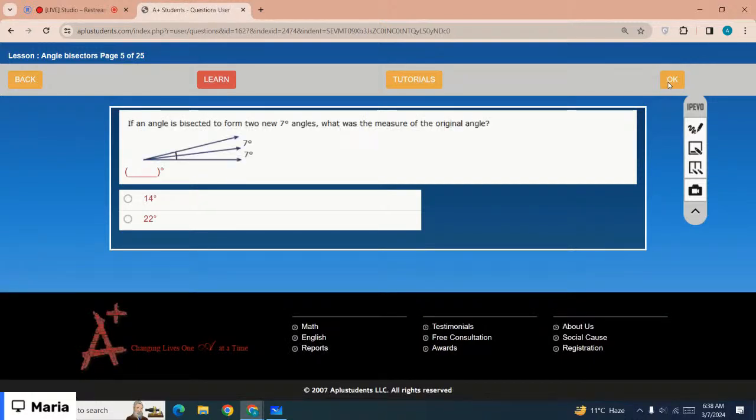If an angle is bisected to form two new 7-degree angles, what was the measure of the original angle? So, which is the correct option?